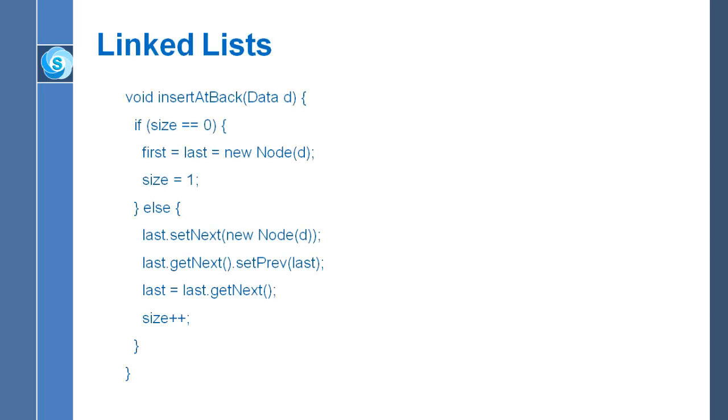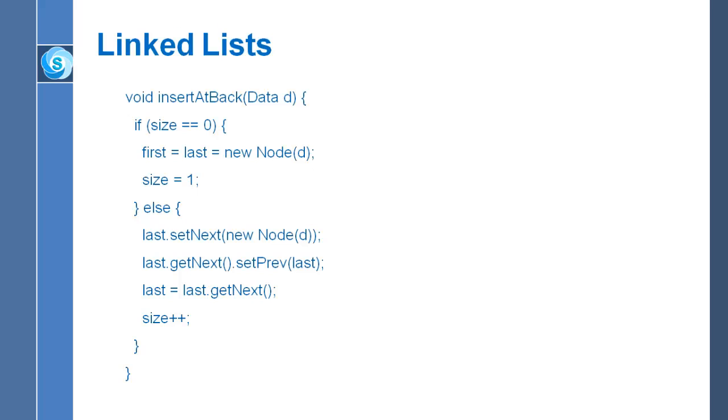So here then is the method from the linked list class that inserts a new node at the end of the linked list. It's also called the back of the linked list. So the start of the linked list is the front, and the end of the linked list is the back.